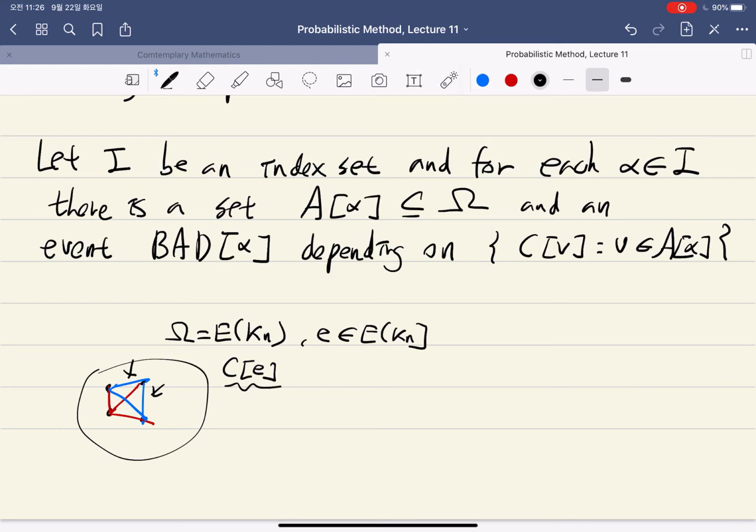Then C of E is a random variable which colors these edges red or blue.